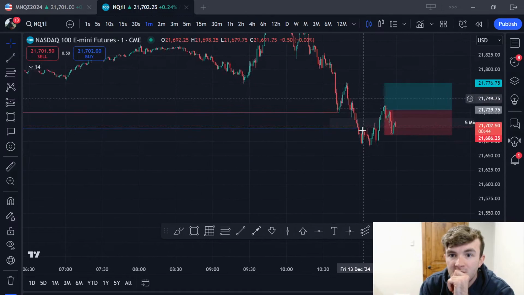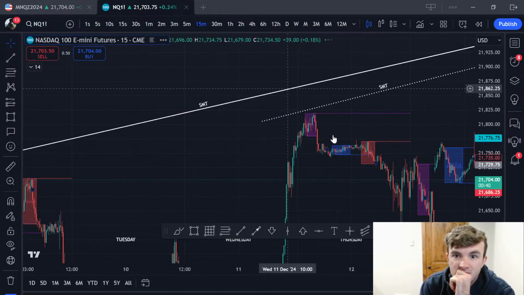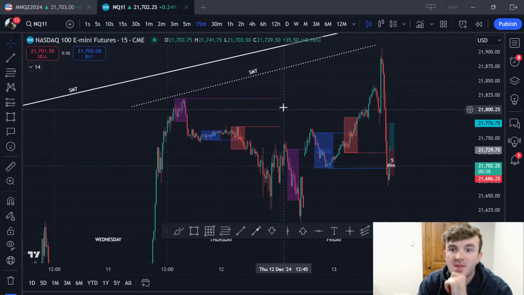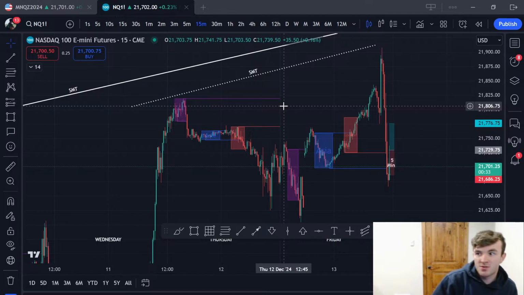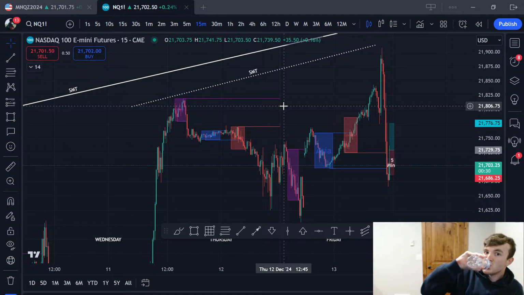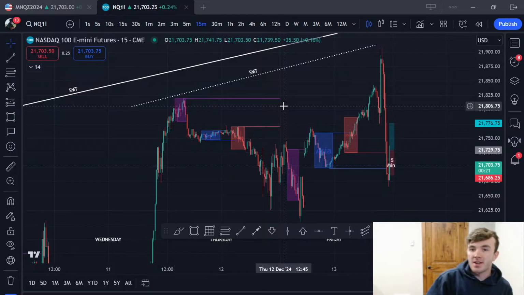Yeah, we're just so bearish because of the SMTs. Dang it. Lesson learned. Just try not to take a long when the bias is short. Try not to go against the bias.